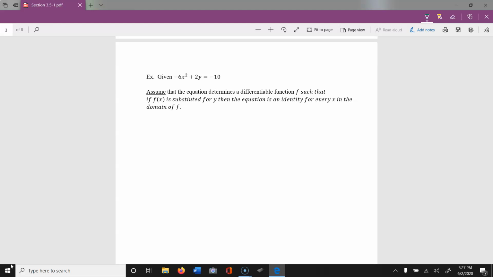All right. Okay, so how do we go about doing that? Well, what we're going to do is we're going to differentiate both sides with respect to x. And I'm going to go ahead and switch the y to the notation f of x, just to emphasize that y is a function of x. Okay.